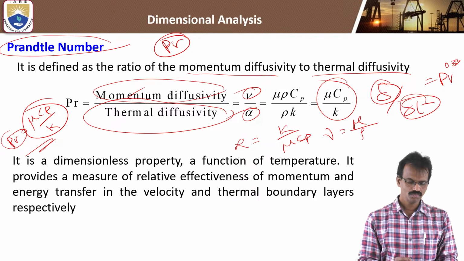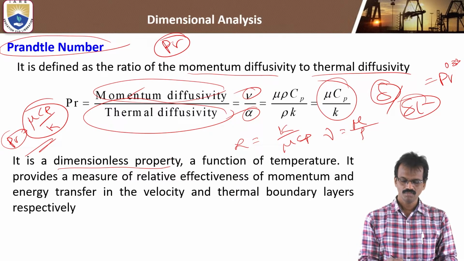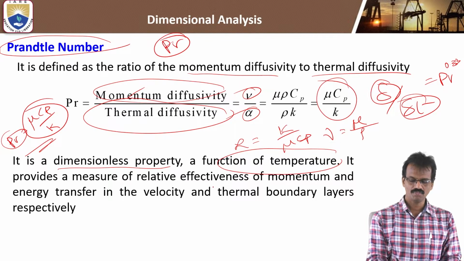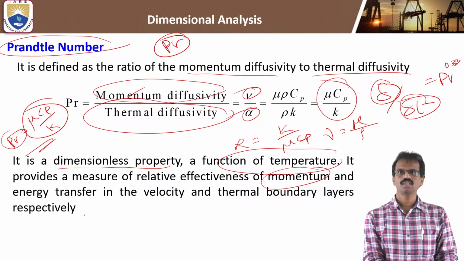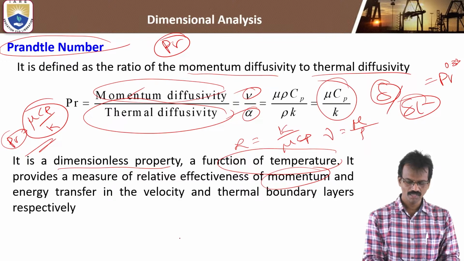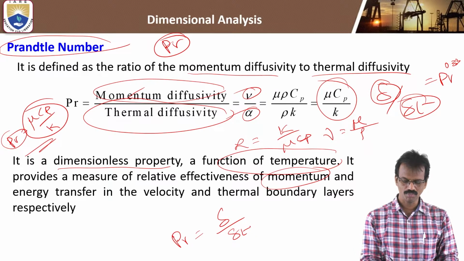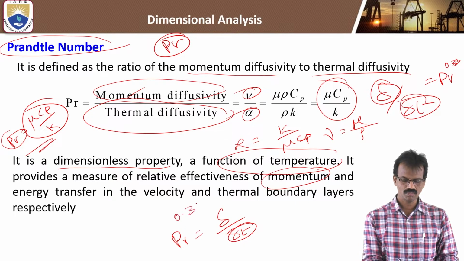So this is also a dimensionless property, similar to the Reynolds number. It is a function of temperature. It provides the measure of relative effectiveness of momentum and energy transfer in the velocity and thermal boundary layers. So you know that the Prandtl value is equal to delta by delta_t, the thickness of the velocity boundary layer with respect to the thermal boundary layer thickness, so that is equal to 0.33.